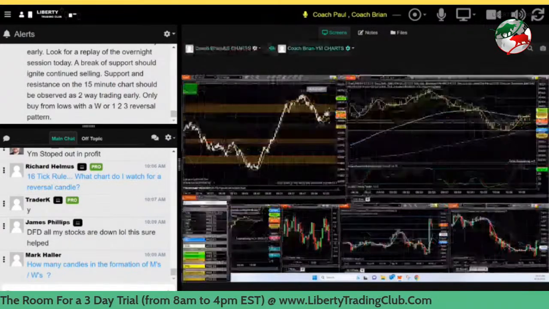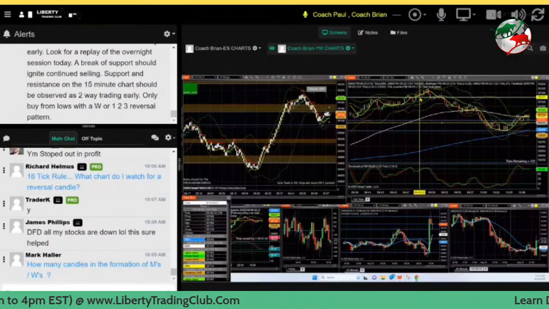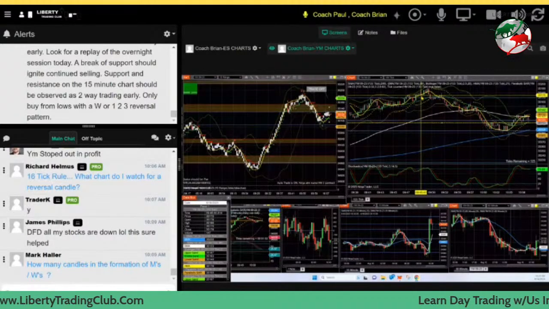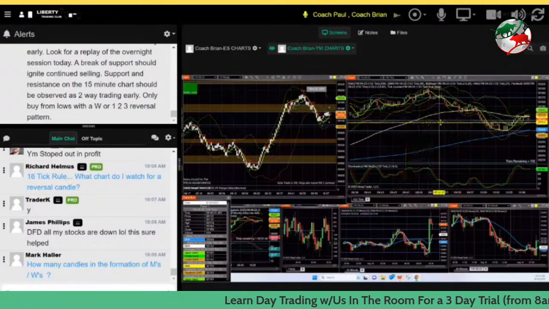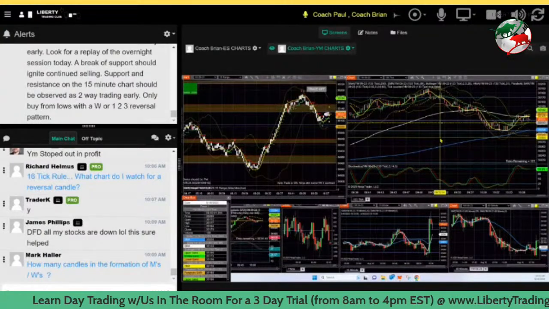On the YM, you're probably looking at about the same. Sometimes the YM will use a few more candles to print that M out than the ES, so like 5 to 12 candles on the YM.